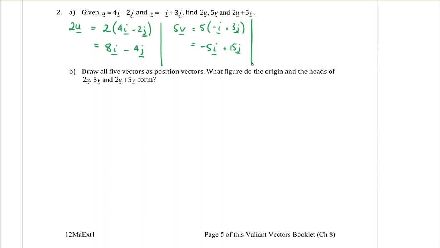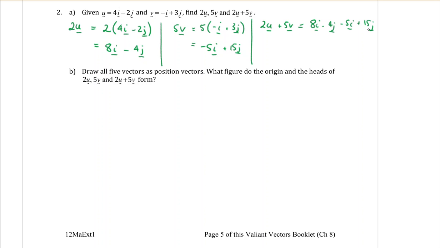And then finally, if you wanted to add 2u plus 5v, we've already worked out that 2u was 8i minus 4j. And then I want to add 5v, which is minus 5i plus 15j.